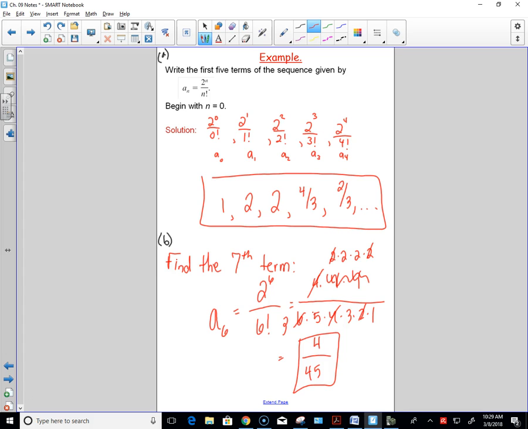There are lots of numbers inside of factorial that you can reduce with, even if you can't get the whole number right away to begin with. Does that kind of make sense? Some of you I know could have done 64 over 720 and tried to reduce, but some of you, you're like, I'll stick with the little numbers. They look more fun.